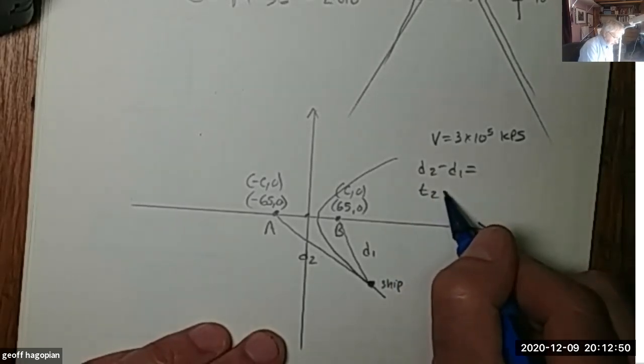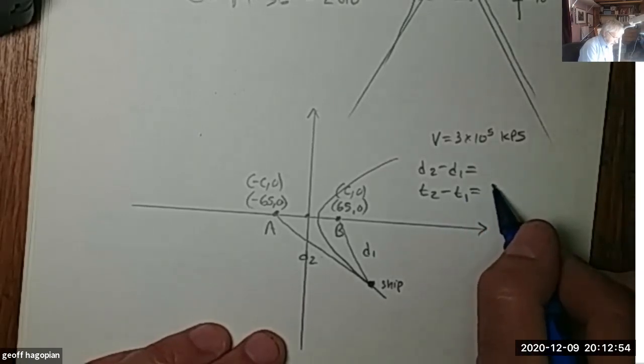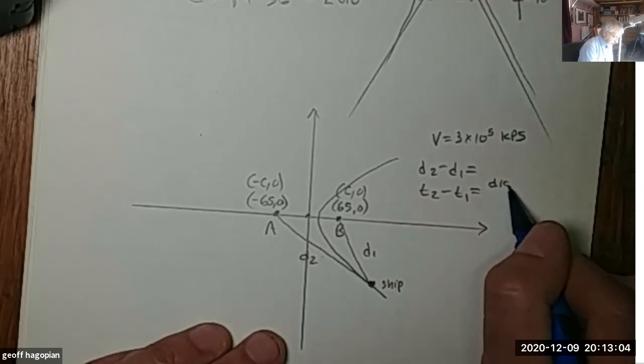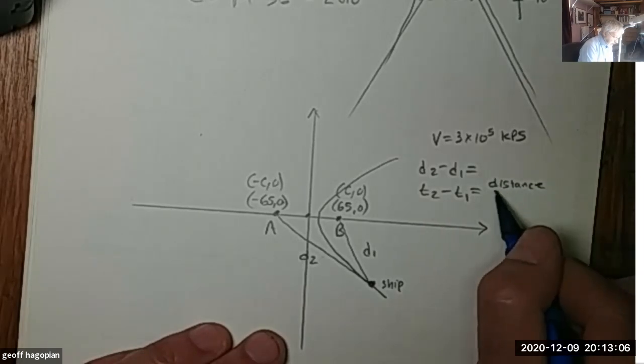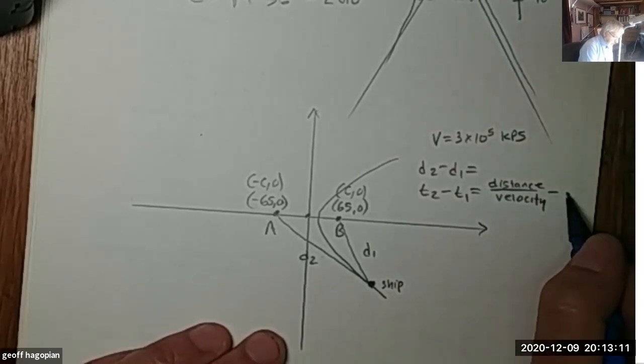So time 2 minus time 1 is, velocity divided by distance? Is that right? No, distance divided by velocity. Yeah. Distance divided by velocity. That's the general form, minus the same thing.